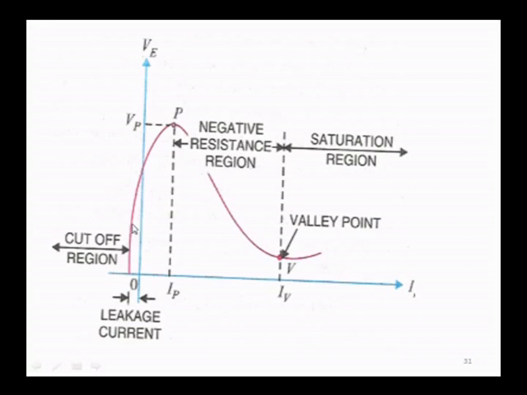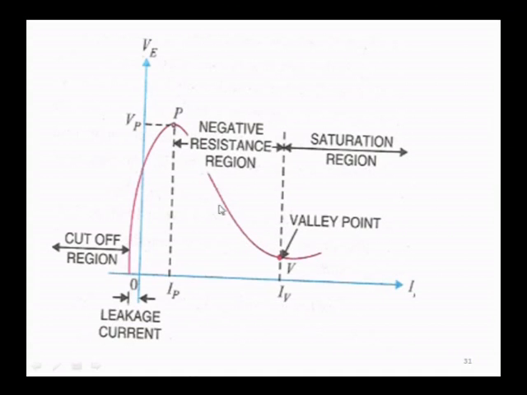Now, when it reaches the peak value Vp, this is the peak voltage at which your PN junction depletion layer is being forward biased. So, it will start conducting. When it reaches the peak value, the curve goes down gradient like this.